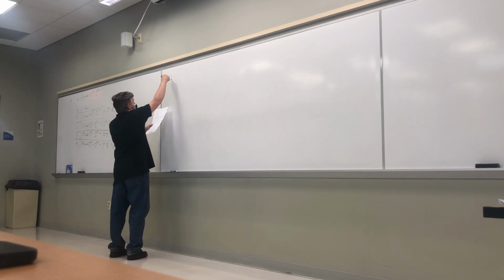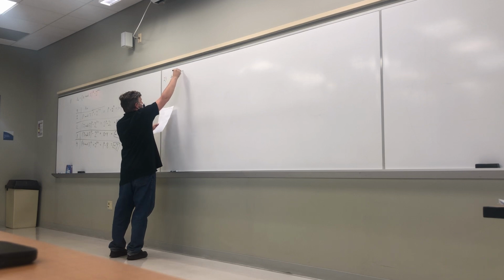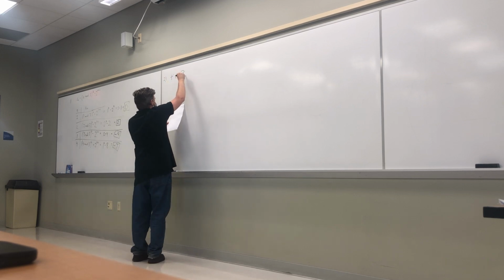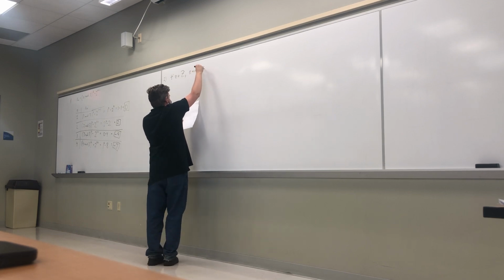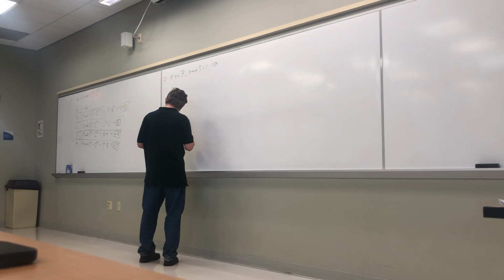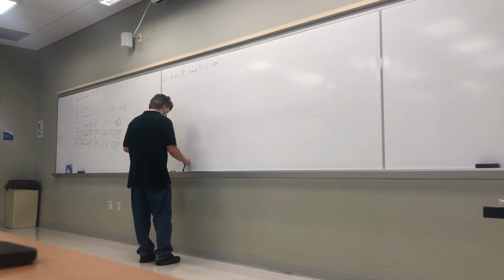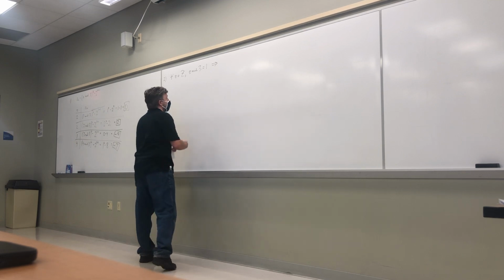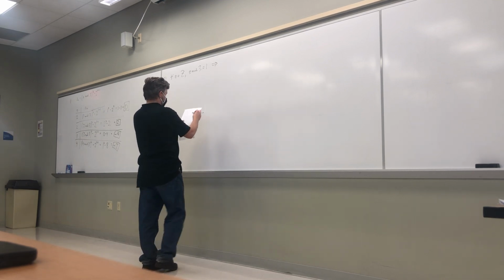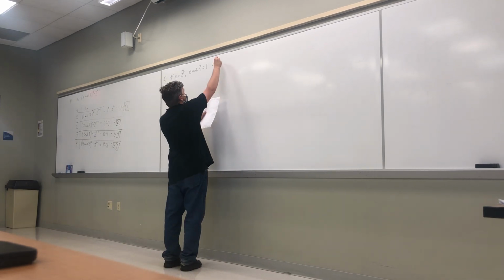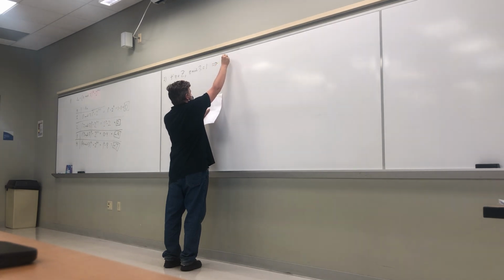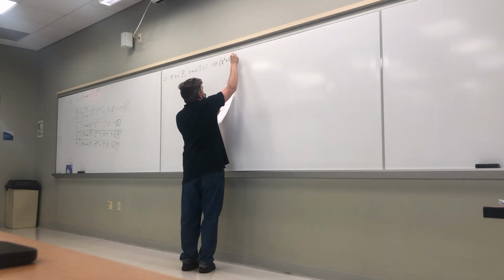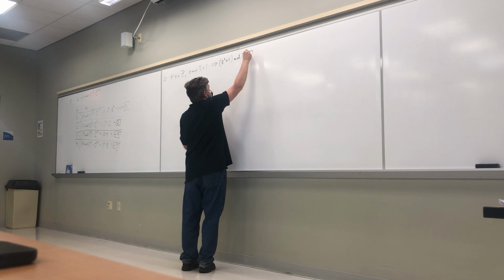So for this one, it said for all z element of Z, z mod 3 equals 1 implies z squared plus 1 mod 3 is equal to 2.